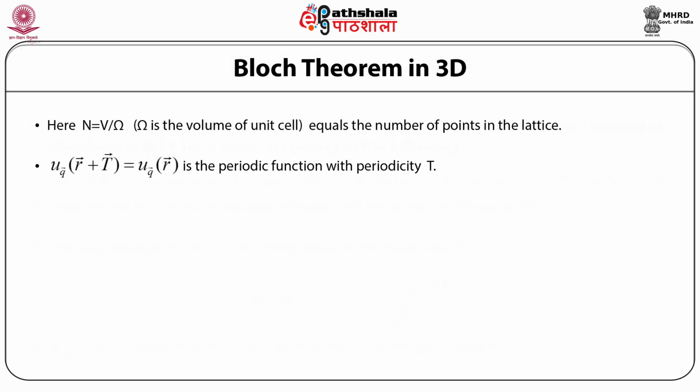Now here, capital N is equal to V divided by capital omega, where capital omega is the volume of unit cell, which equals the number of points in the lattice. Also, u q of r plus t is equal to u q of r, a periodic function with periodicity the vector t. There are infinite number of solutions phi q of r for each q.